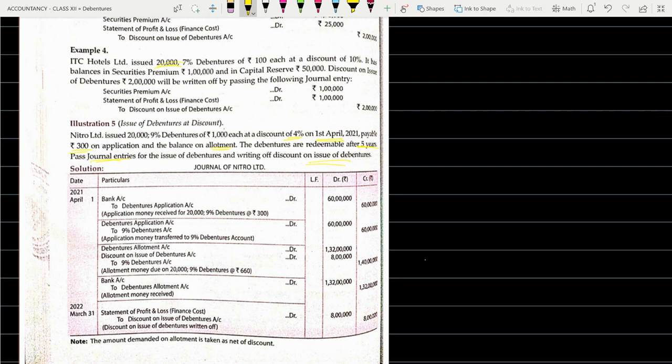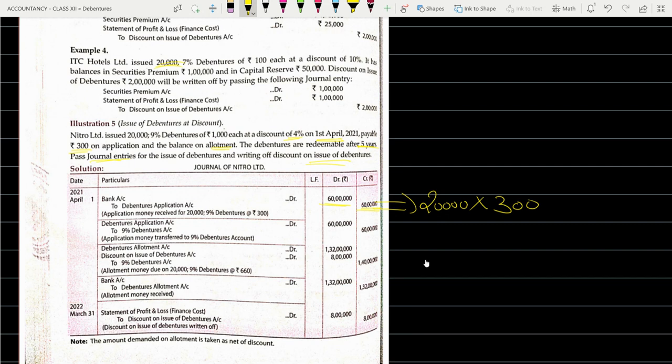So that means you have to multiply 20,000 debentures into 300, that will give you 60 lakhs. Can you follow how you got 60 lakhs? You are just multiplying the number of debentures, 20,000, into the amount on application, which is 300. This will give you the value of rupees 60 lakhs.